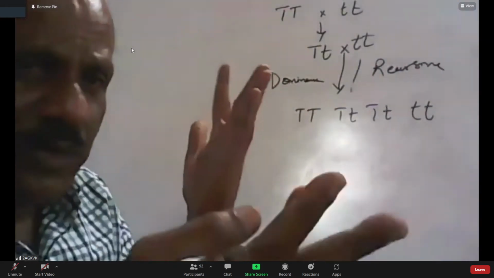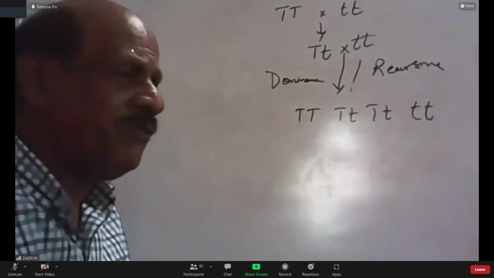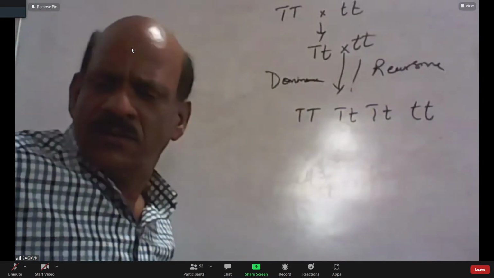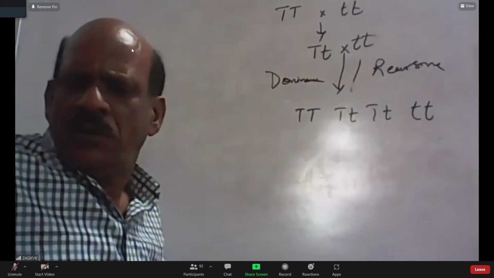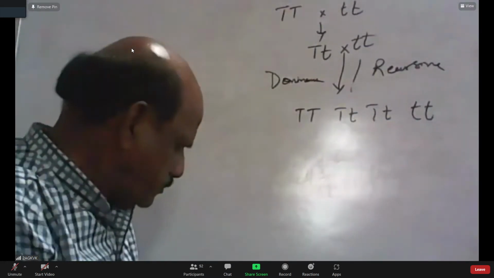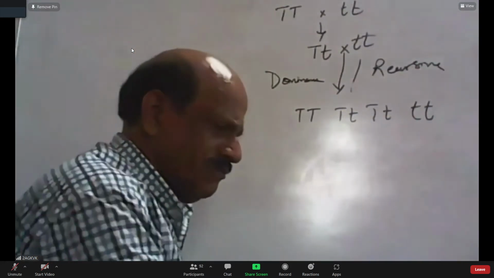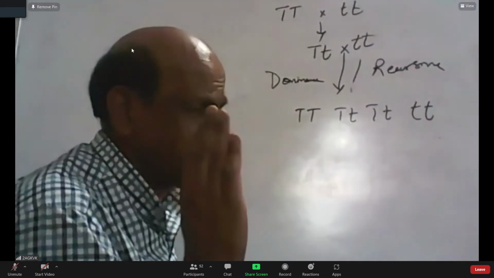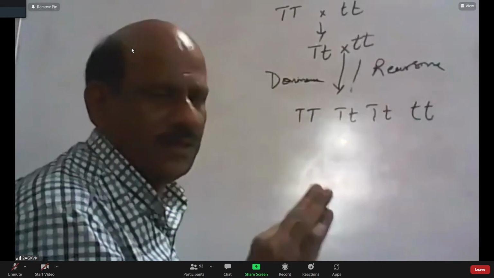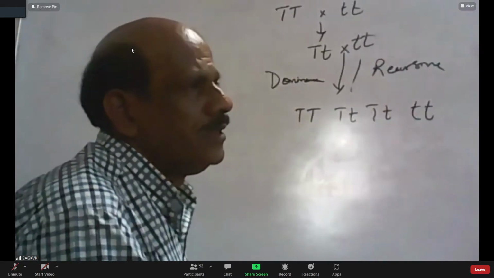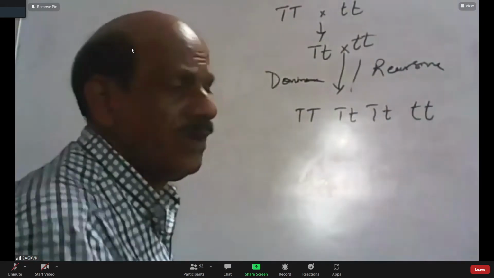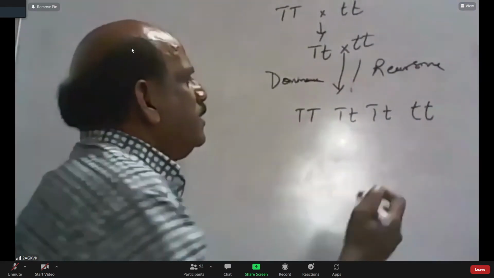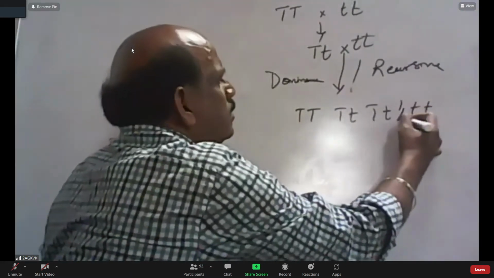The form that disappears in the F1 but reappears in 1/4 of the F2 is called the recessive form. So that is what dominance is, but we'll get to know what dominance is a little later. So this is 1/4.